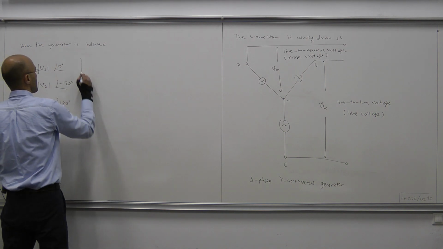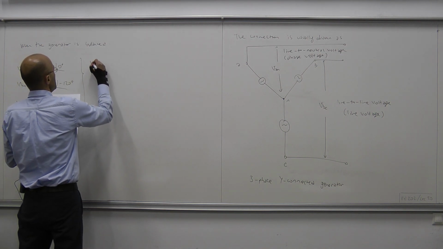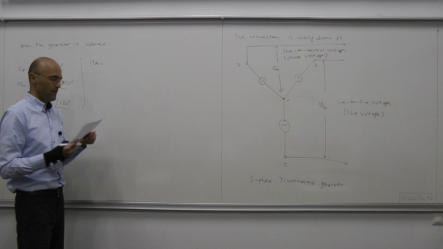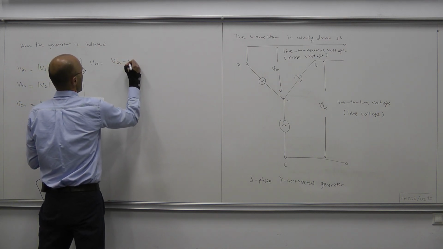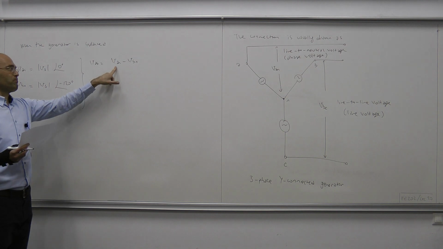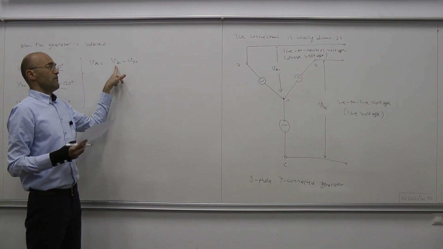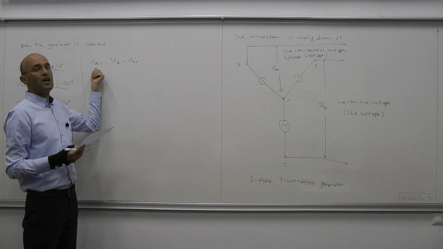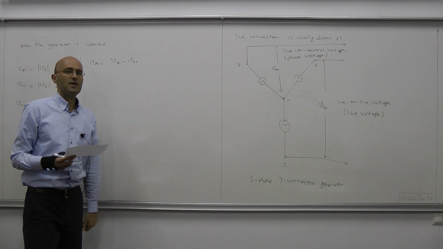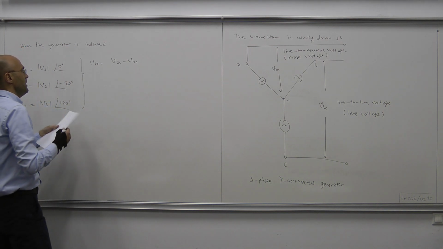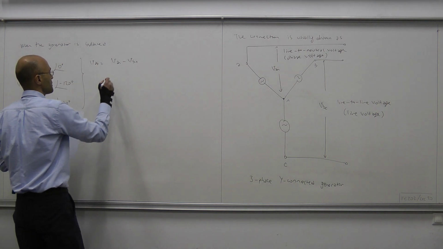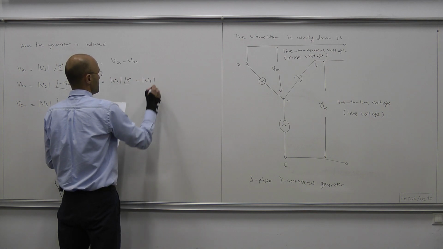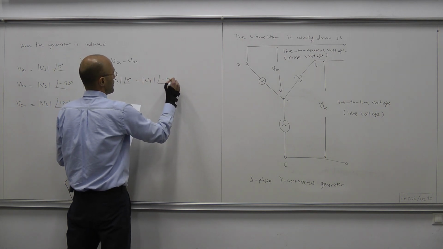Okay, so what's VAB? VAB is, by definition, VAN minus VBN. Okay, so that equals VAN minus VBN. So the phase voltage for phase A and the phase voltage for phase B. Now this difference is the line-to-line voltage between the lines A and B. Now that equals what? Vs, no phase, minus the same magnitude, 120 degrees.